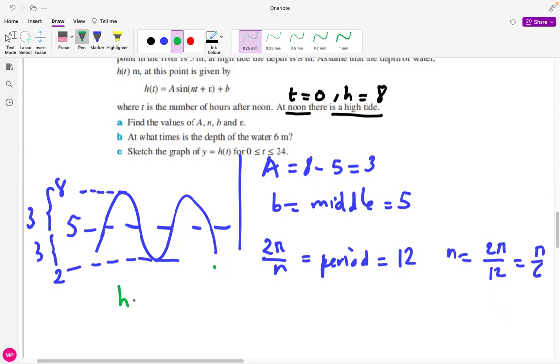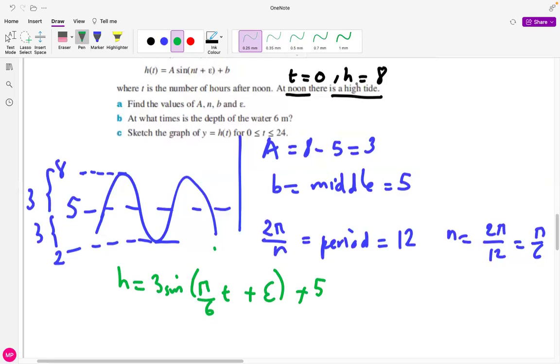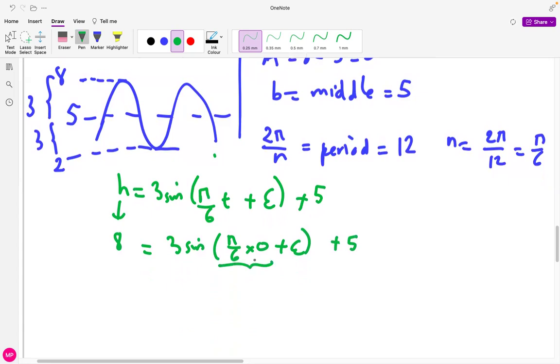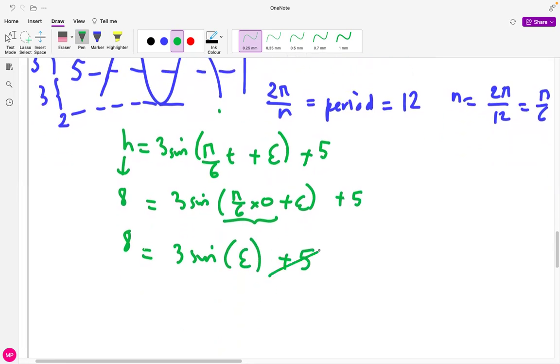So we have H equal, we sub it in, A is 3 sin of n is pi over 6. T is just T plus epsilon, and B is 5. All right. Now we know when T equals 0, H equal 8, so we replace H is 8, 3 times sin of pi over 6 times 0 plus epsilon plus 5. Then this becomes 0, so 8 equal 3 sin of epsilon plus 5, minus 5 on both sides.